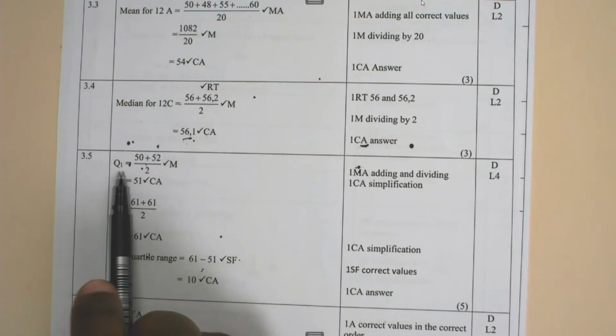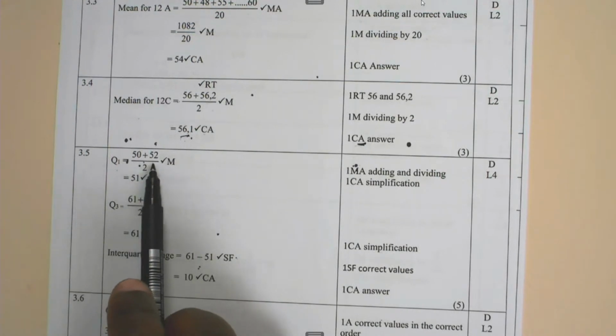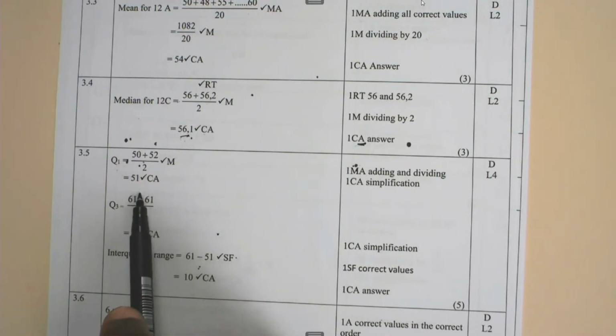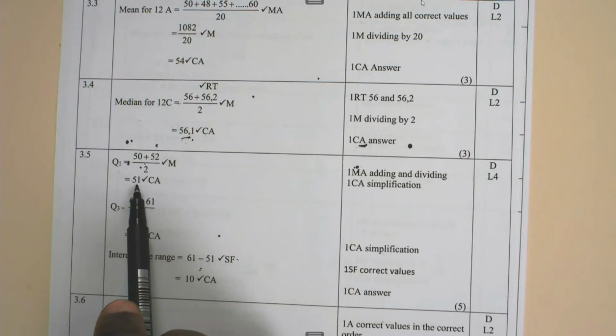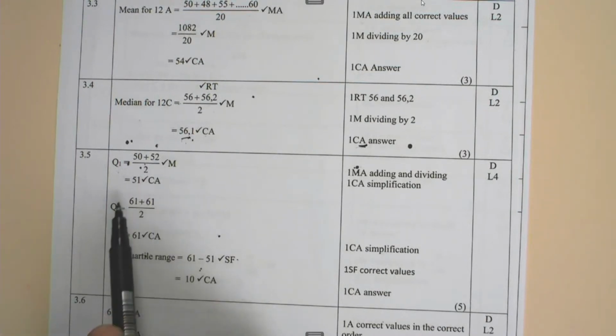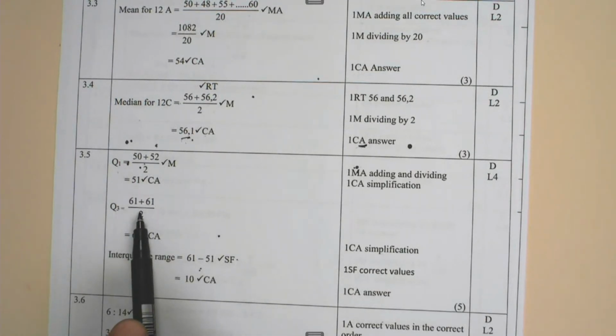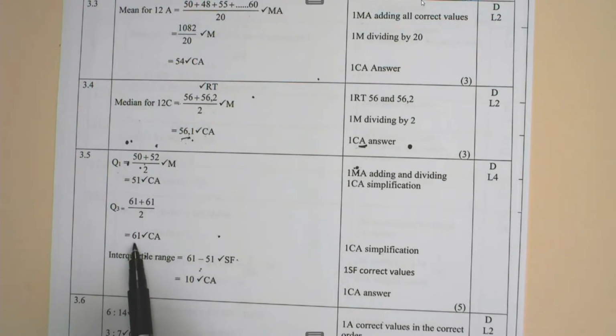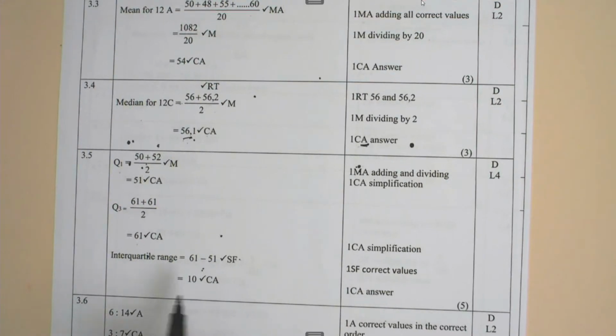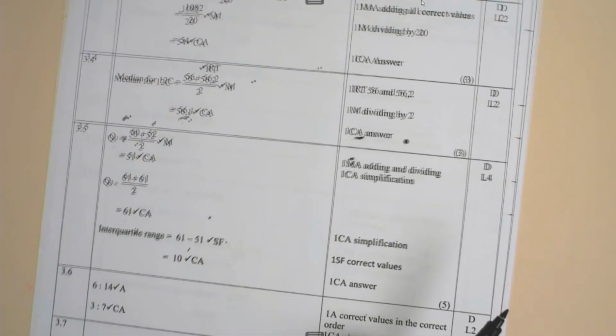Now, Q1 is 50 plus 52, divided by 2, then Q1 will be equal to 51. And then the learner should calculate Q3. 61 plus 61 divided by 2, it should be 61. Then from there, the learner will be able to calculate the interquartile range, 61 minus 51. Then the learner will get the answer of 10.